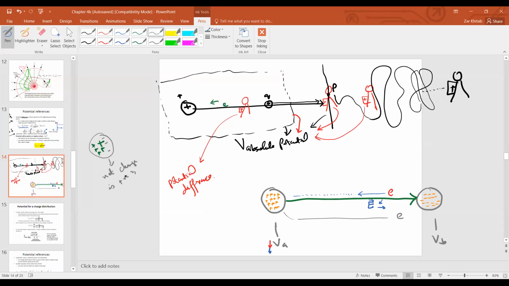So when in a certain place we have positive and negative combined together, or only positive, or only negative, we talk about the absolute potential.